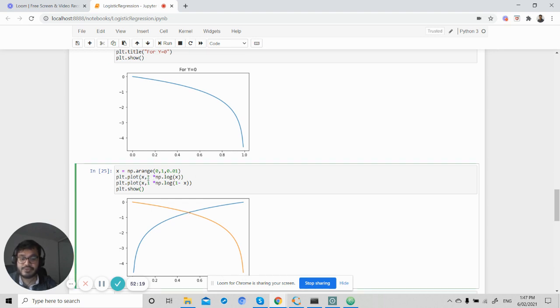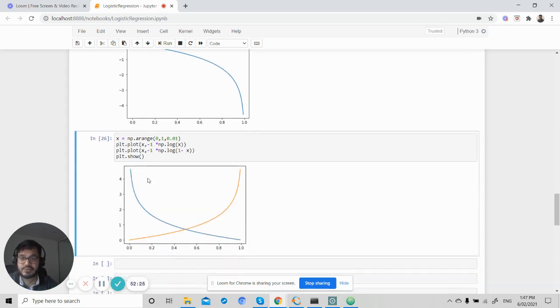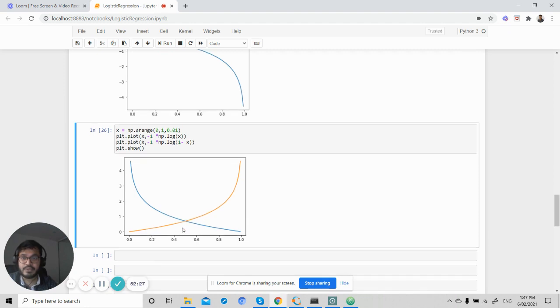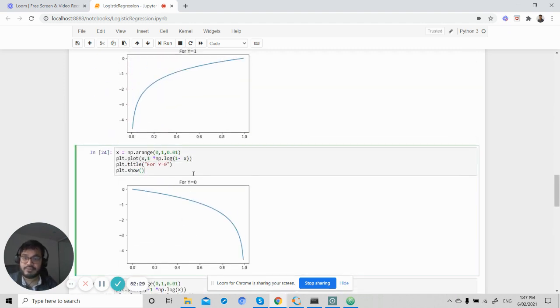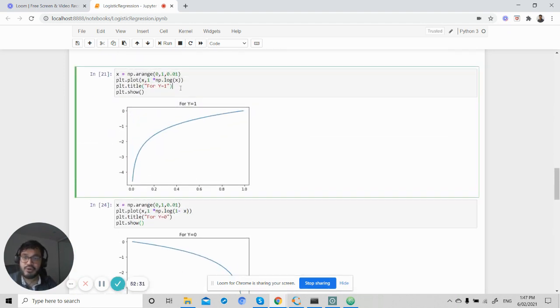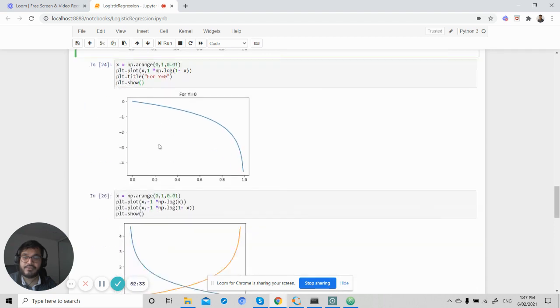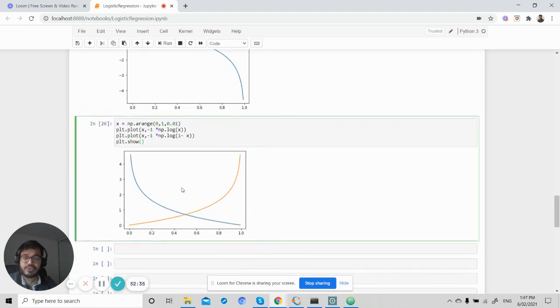That's why we did -1, so that we can get a global minima. That's the reason for doing minus, so that we can get a global minima. So this is the visualization for taking log for y equals 1 and y equals 0.